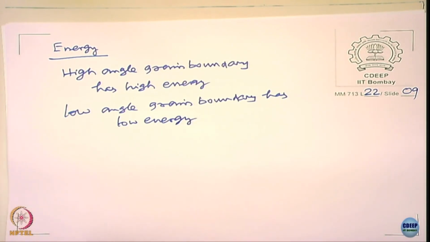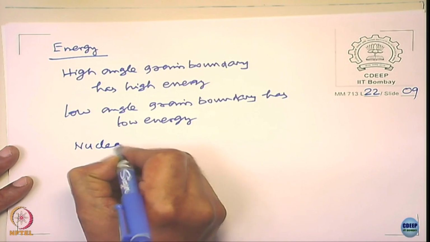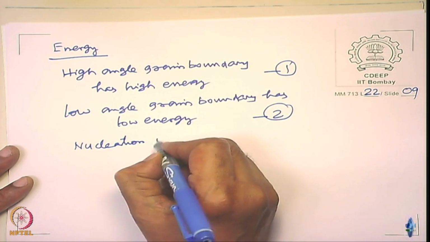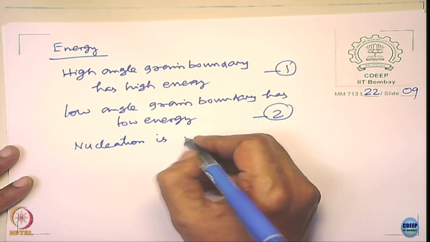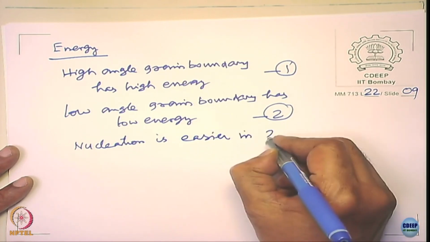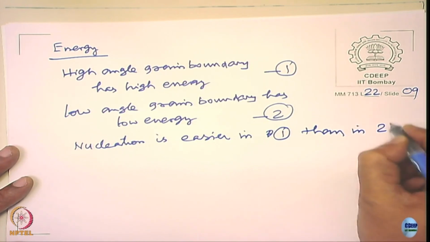Now the nucleation occurs, heterogeneous nucleation, right? Nucleation occurs at the grain boundary because the energy of the grain boundary is higher compared to within the grain. It gives an interface. If I call this 1 and this 2, nucleation is easier in 1 than in 2.